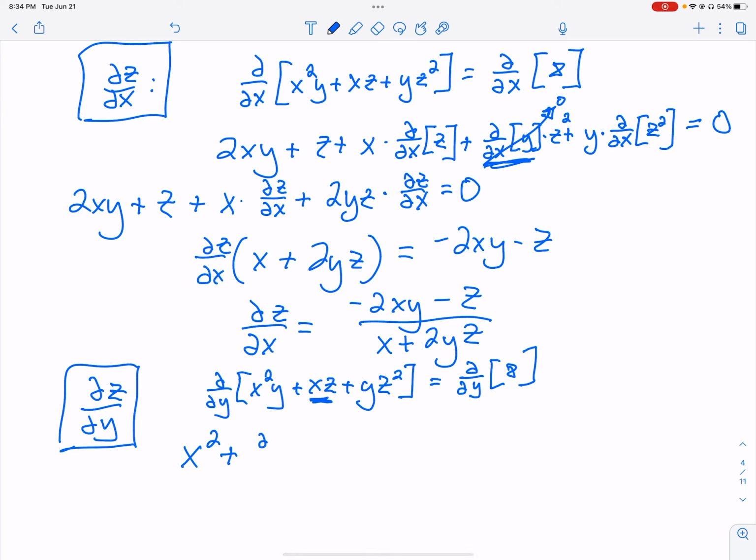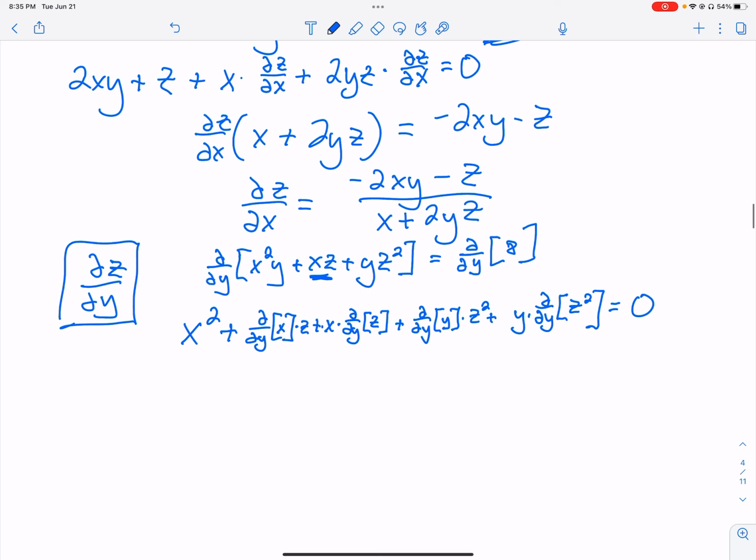So we take the partial with respect to y of x times z plus x times the partial with respect to y of z. And then we have that partial. We have the partial of y with respect to y times z squared plus y times the partial with respect to y of z squared. And that equals 0 on the right-hand side.